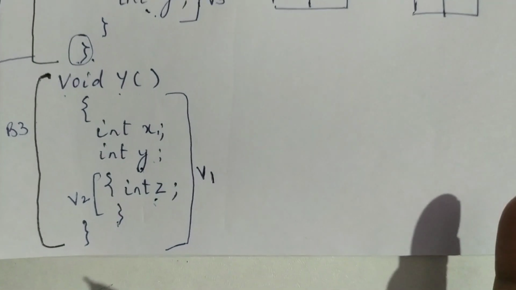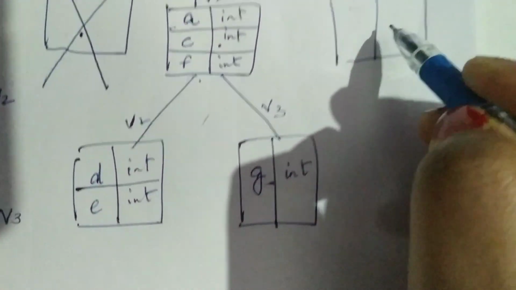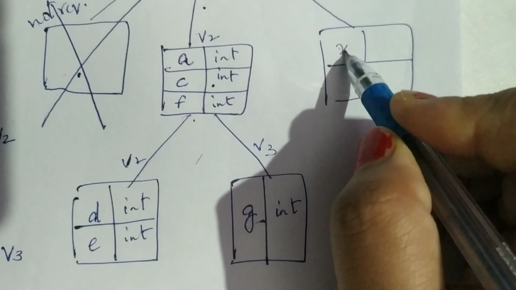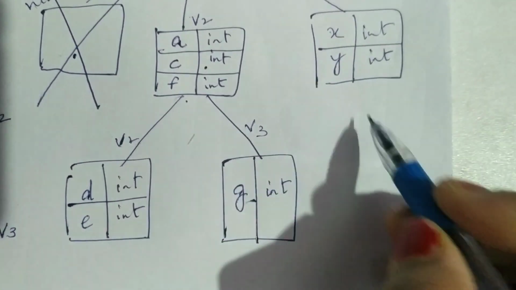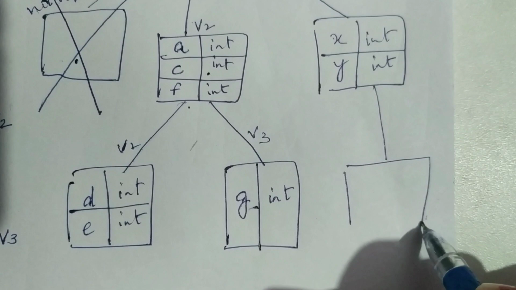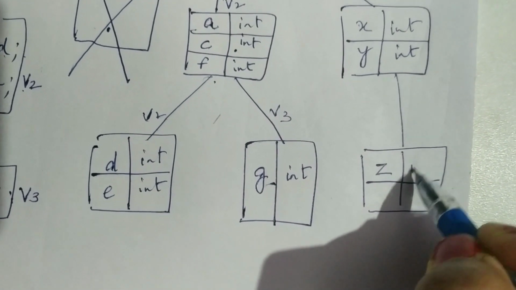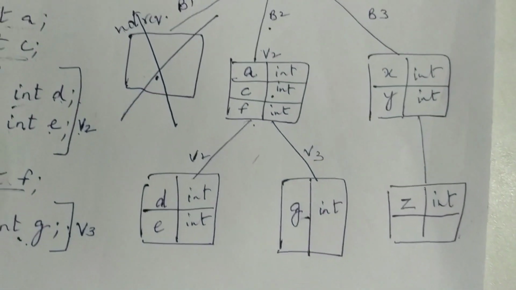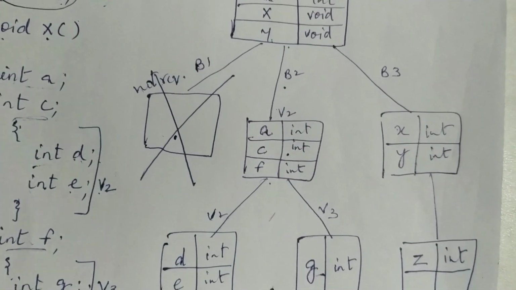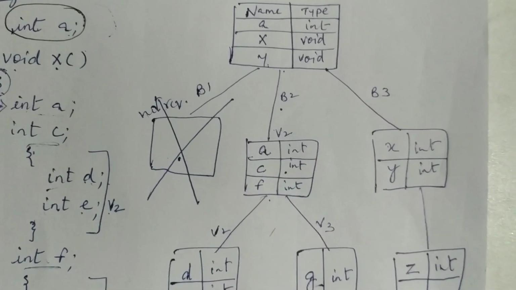So again we go to the symbol table and we store this X and Y here with type int, and further this is elaborated to symbol Z of type int. So in this way we can represent the line of code in the symbol table.